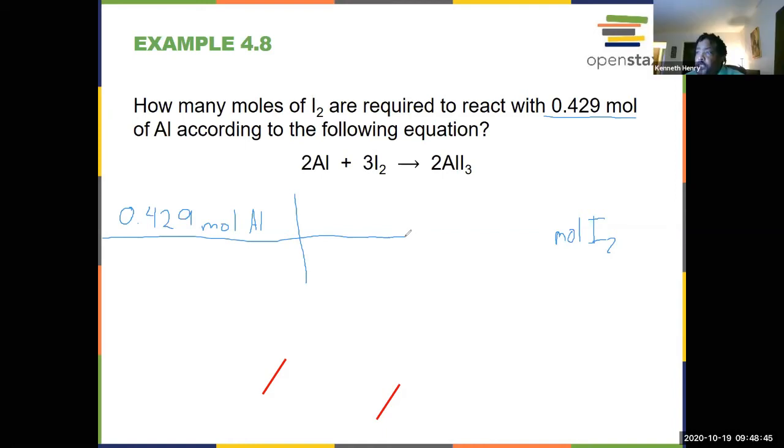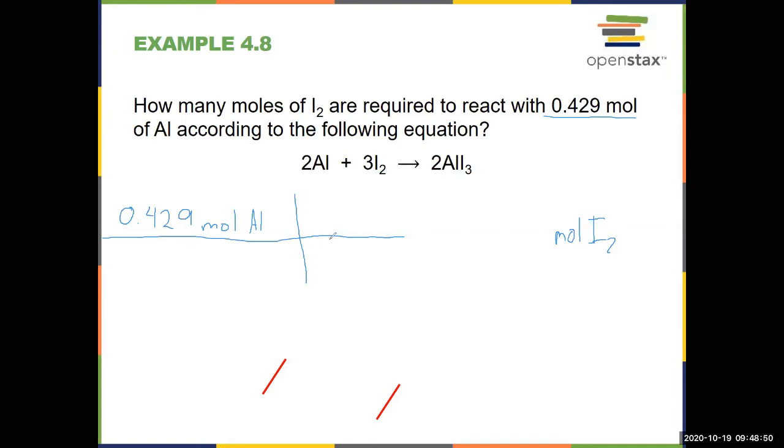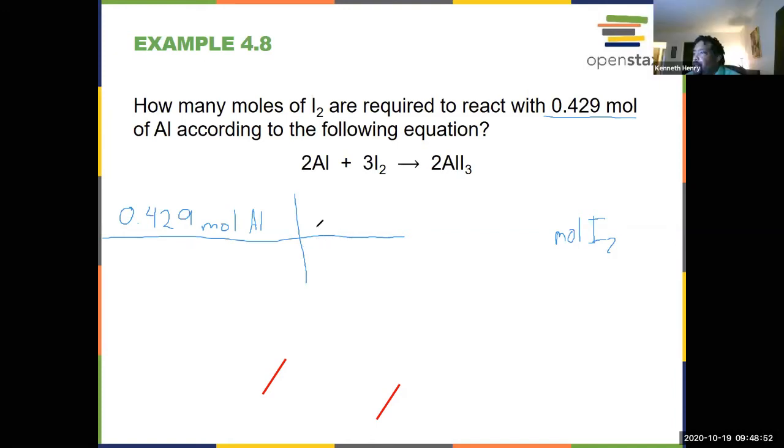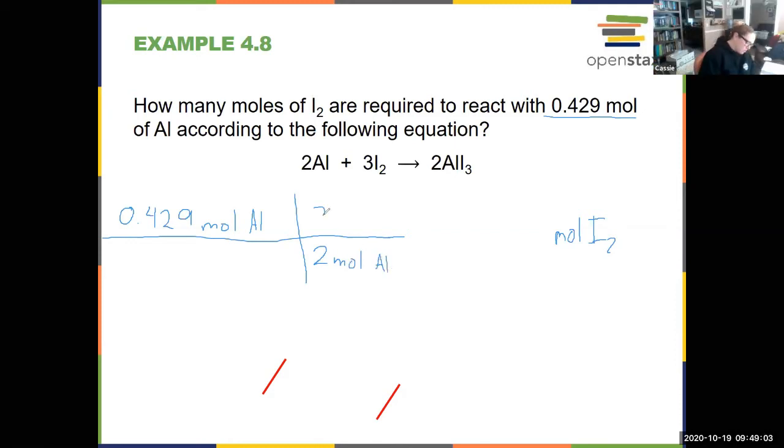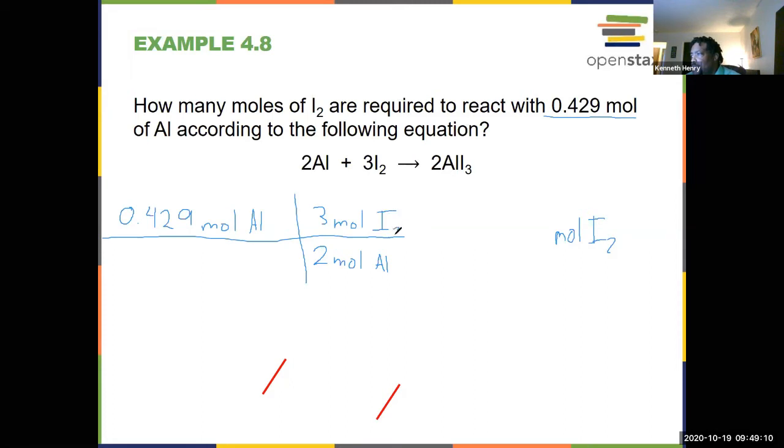Okay, so what is my molar ratio? 2 to 3. So 2 moles of Al at the bottom and 3 moles of I2 on the top. Okay, so then that'll cancel out, and I'll just be left with moles of I2.